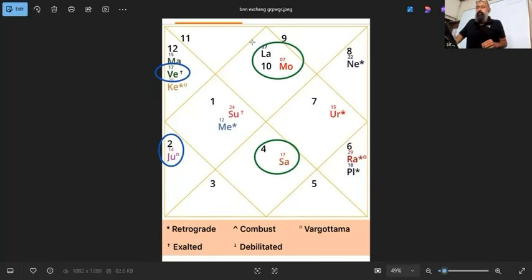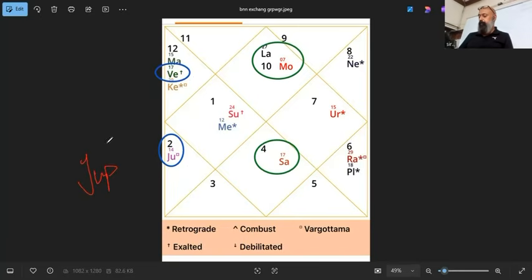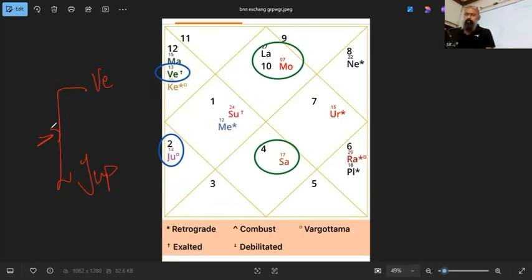So, my viewers, this is a very, very strong case study with a double exchange. One exchange Jupiter Venus. Now, when I say Jupiter Venus, naturally the characteristics are opposing.